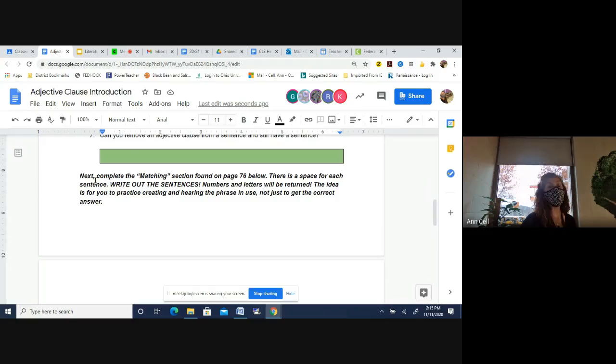Next, complete the matching section found on page 76 below. There is a space for each sentence. Write out the sentences. Numbers and letters will be returned. The idea is for you to practice creating and hearing the sentences in your head in use, not just to get the correct answer.